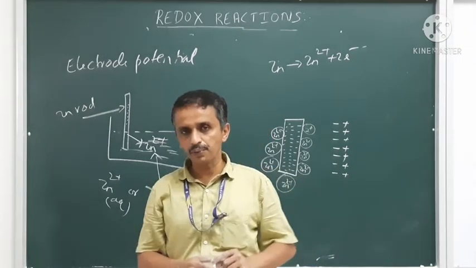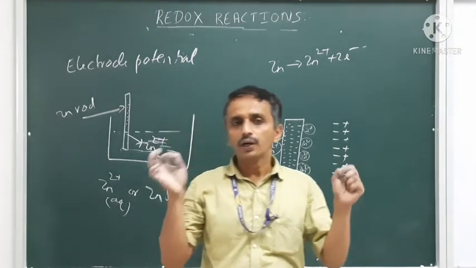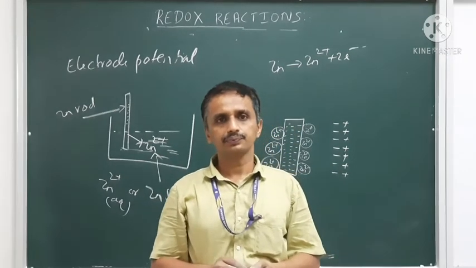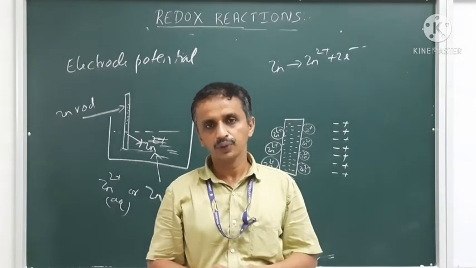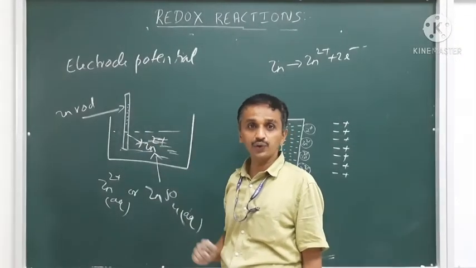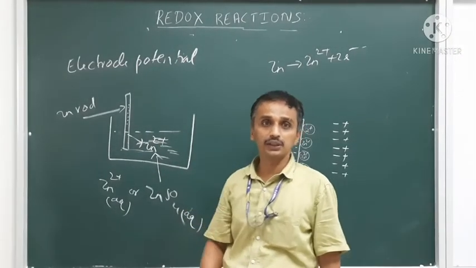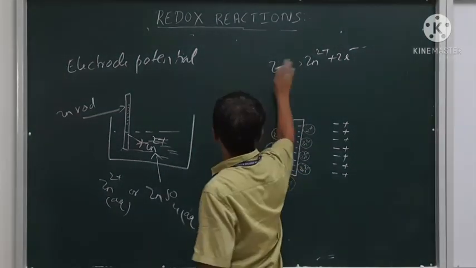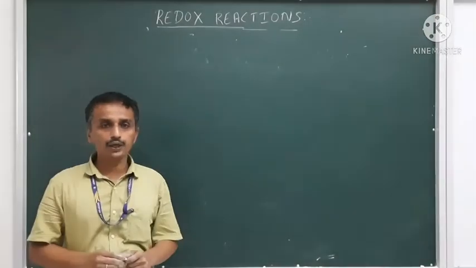And one more point to remember. According to the IUPAC terms, whatever the electrode potentials are, they are represented with reduction potential, and we call them SRP.